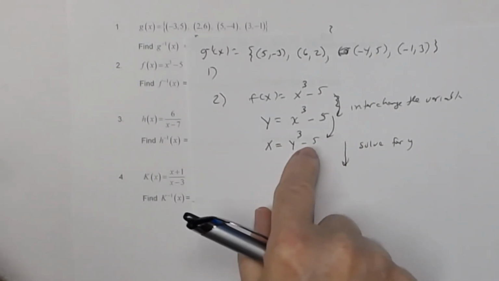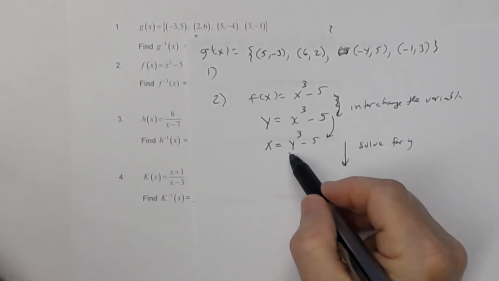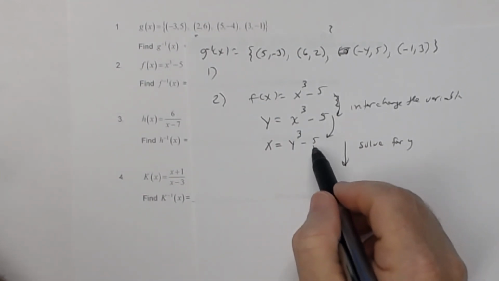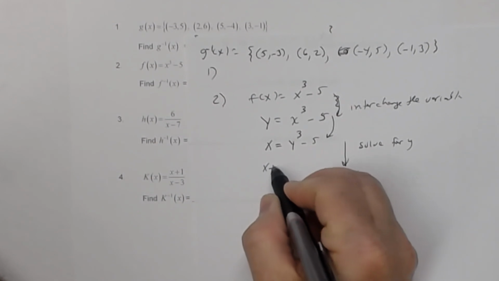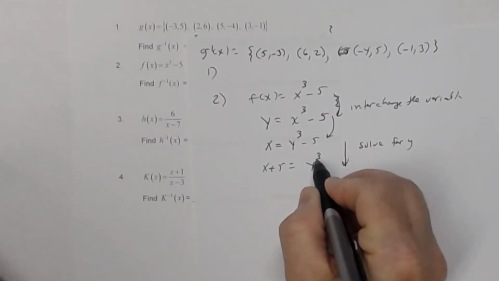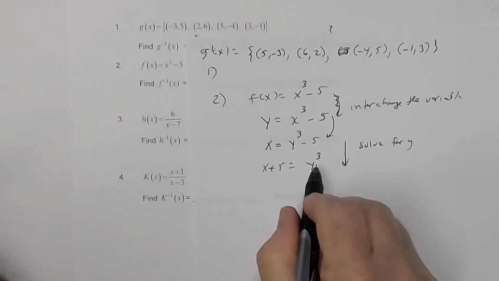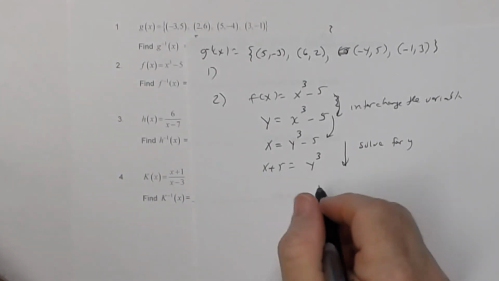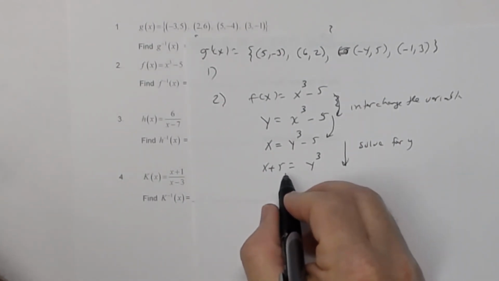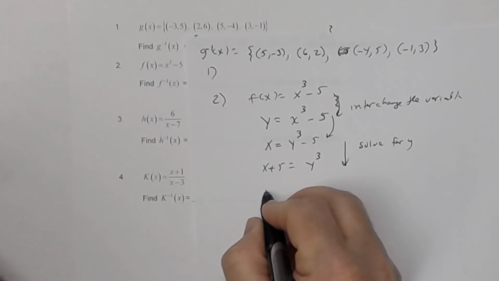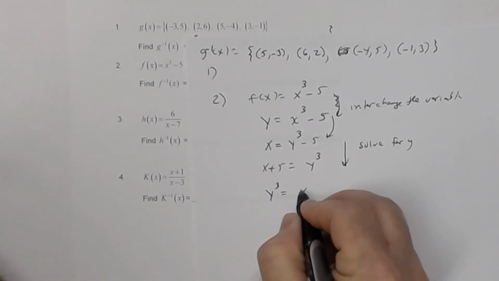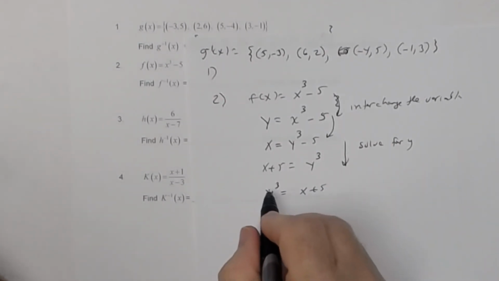To solve for y, and this is the only term that involves y, I'm going to add 5 to both sides. So I get x plus 5 equal y cubed. I'm going to just transpose the sides, so y cubed equals x plus 5. Now I've got to get y by itself. Right now I'm cubing y.